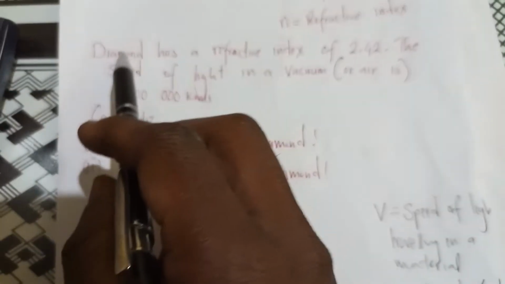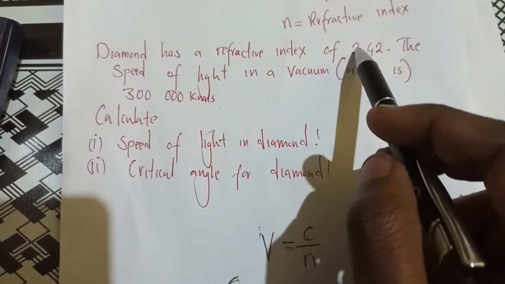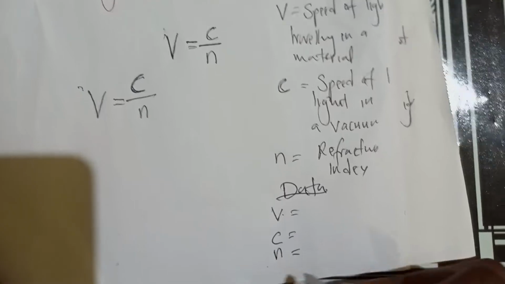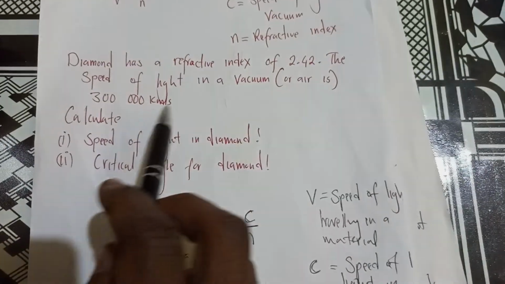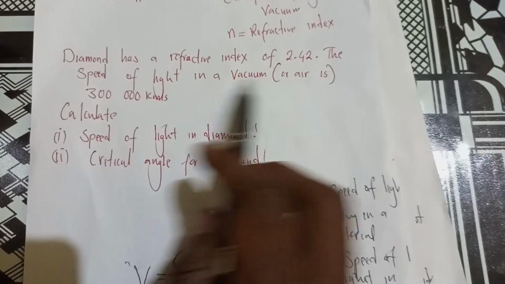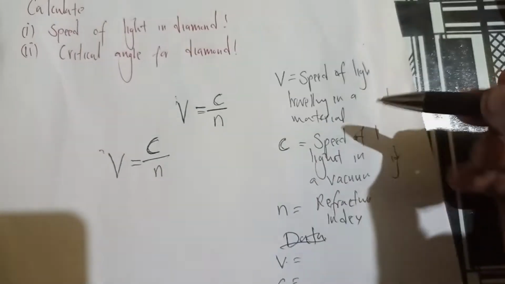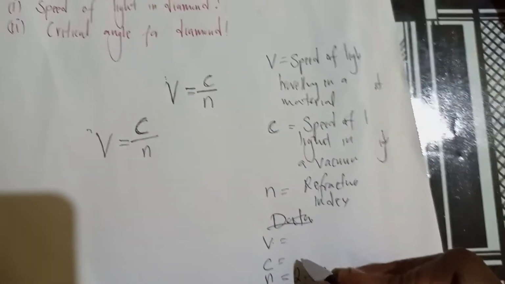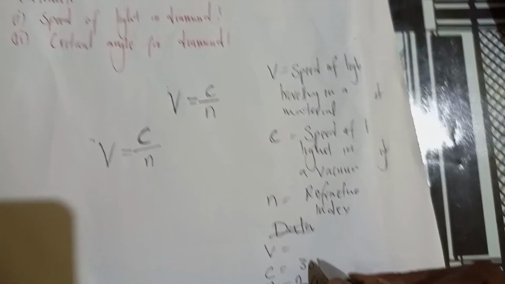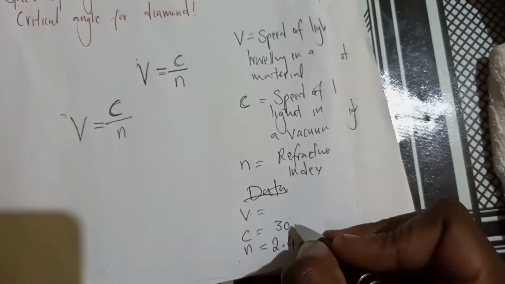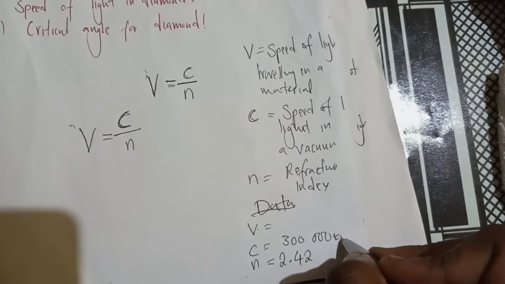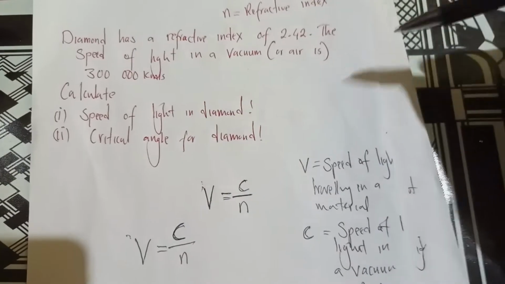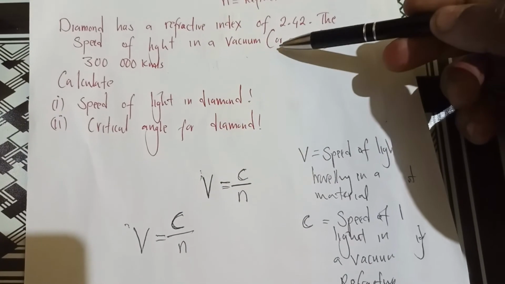If we check the question, diamond has a refractive index of 2.42. And the speed of light in a vacuum, C, is 300,000 kilometers per second.